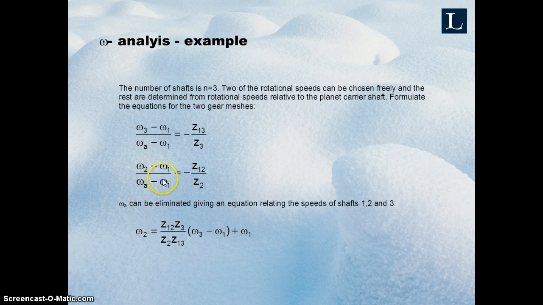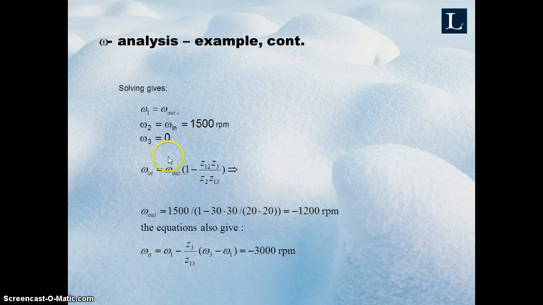Now you can eliminate omega A and you end up with an equation looking like this, which we then can solve because we have a number of inputs prescribed. We know that the input shaft is running at 1500 RPM. We know that shaft 3 is standing still.